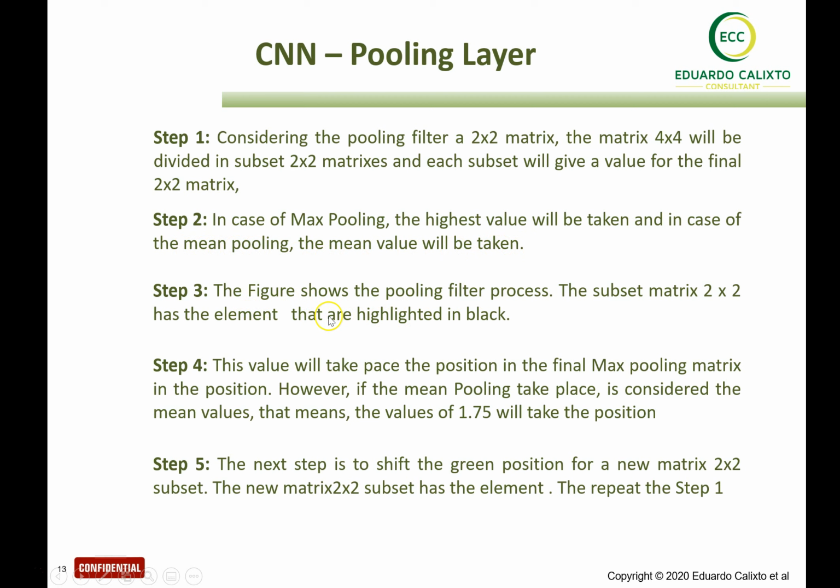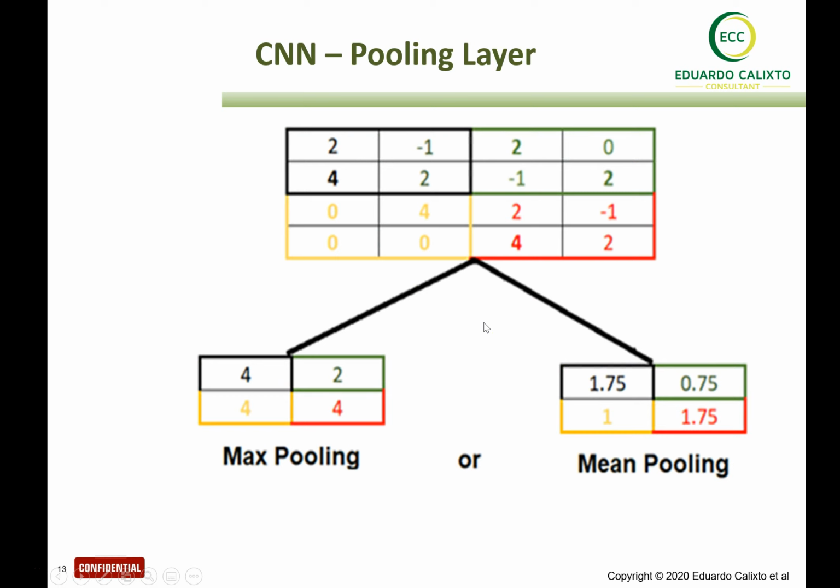The figure that we had shows the pooling filter process, and the subset of the matrix has the element with the highest value highlighted in black. So that is what you have here. We have this matrix. Now, by using max pooling, we get the maximum value that we have in this matrix, in this one, in here, and in this one.